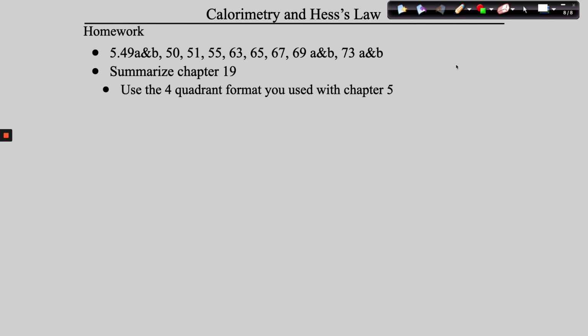In addition to that, you will have the pre-lab for the next lab that we're doing, and I'll give you that in a minute. So you've got plenty to do on Friday, including the chapter 19 summary, wrapping up the quant lab, and pre-labbing the calorimetry lab. Those will be your things for Friday. And you'll have all of that in your possession, and we'll go from there. You guys okay? Okay. All right, here we go.